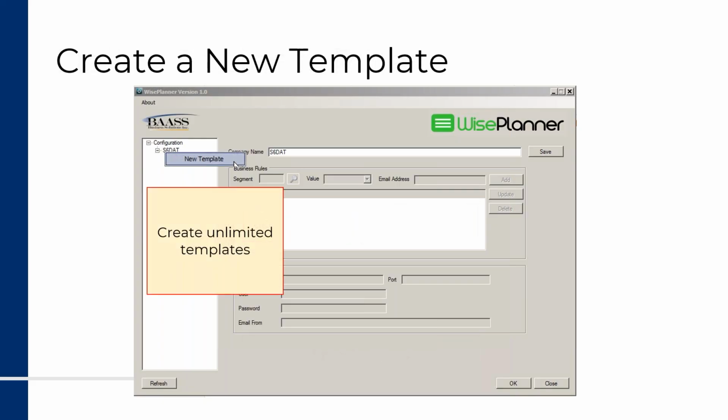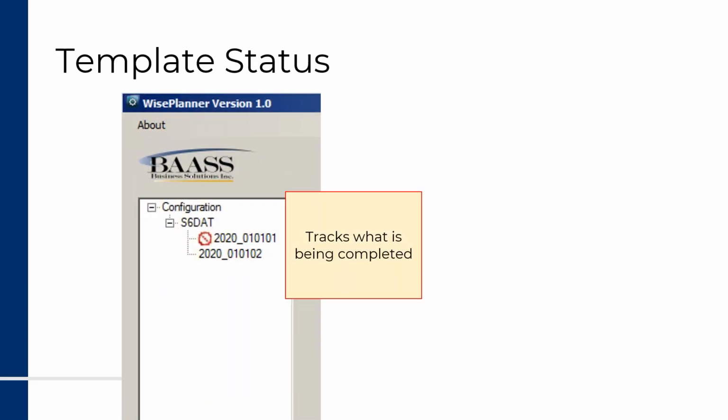You can then create a budget template. What I mean by that is, as I walk through the screens, you will see that every template has different settings. Through the template, we allow our clients to define their business rules. For example, if this example is Sage 300 related, and I'm using a company called S6DAT to connect.